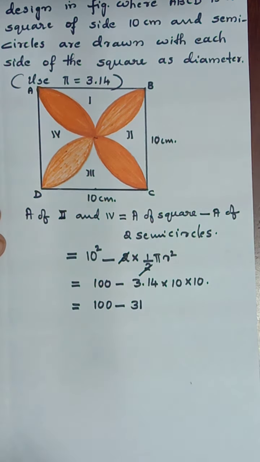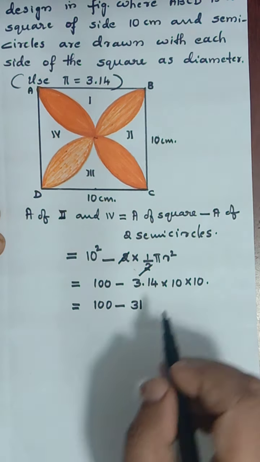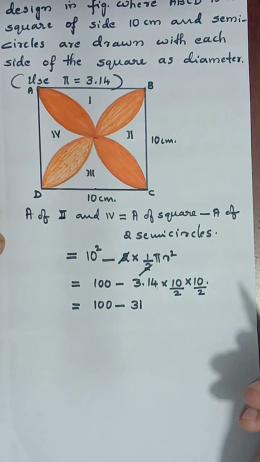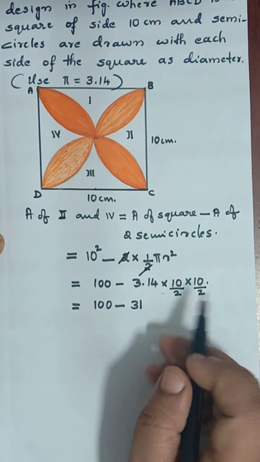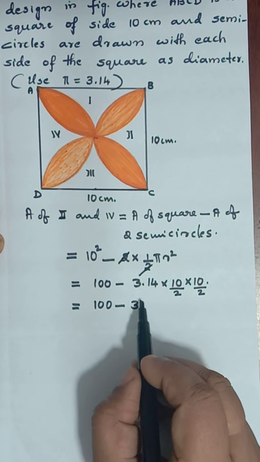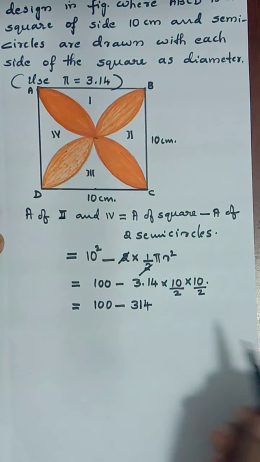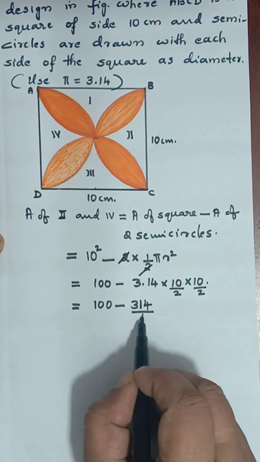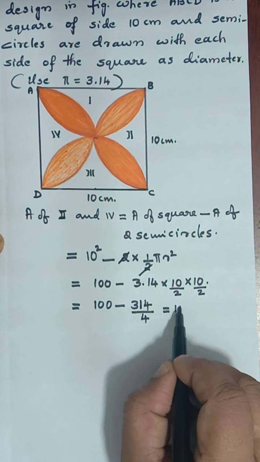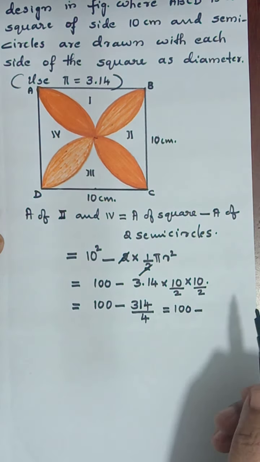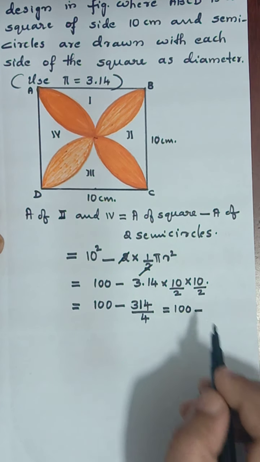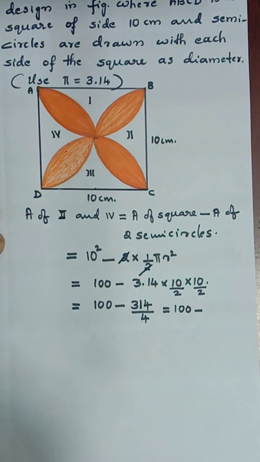two semicircles. Here we have to be careful. This is the diameter, so the radius will be 10 by 2. Okay. So here what happens now? 3.14 into 100 we can have. So it is 314 divided by 4 we will get. So here we are having 100 minus 314 by 4.